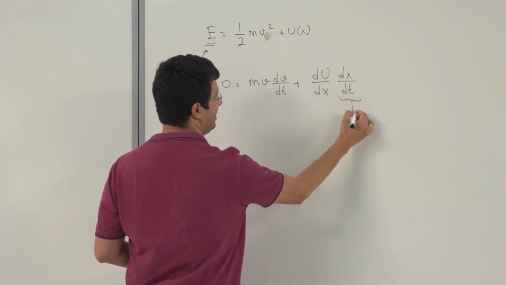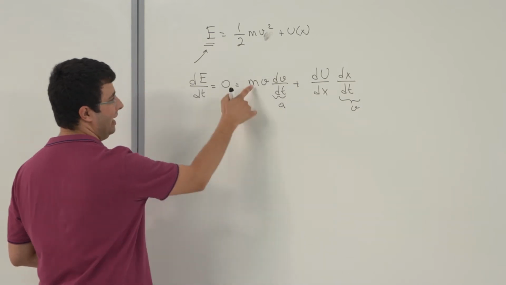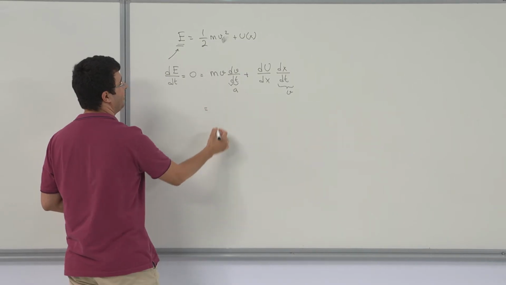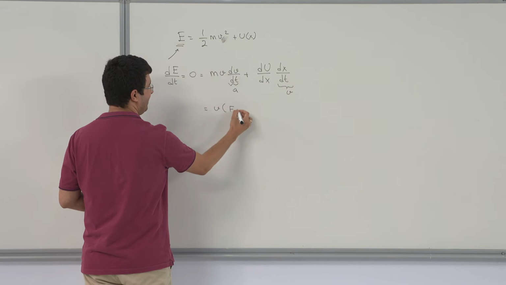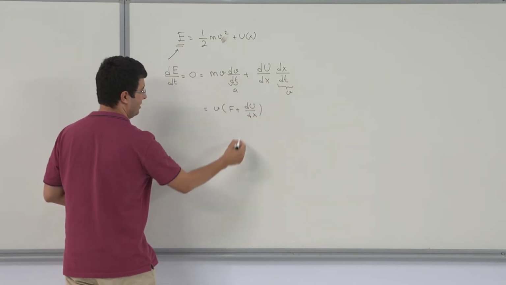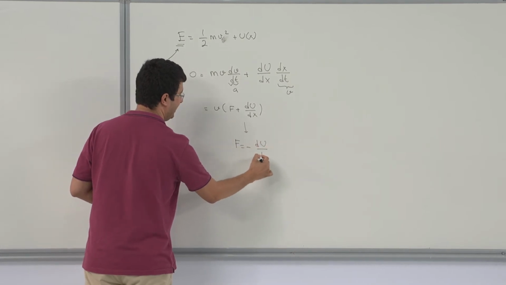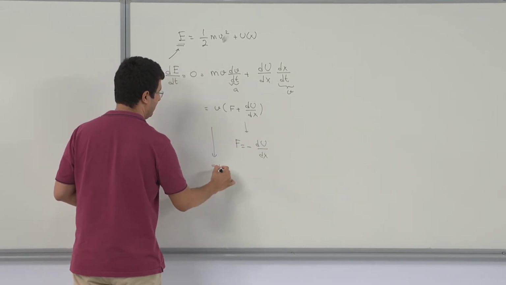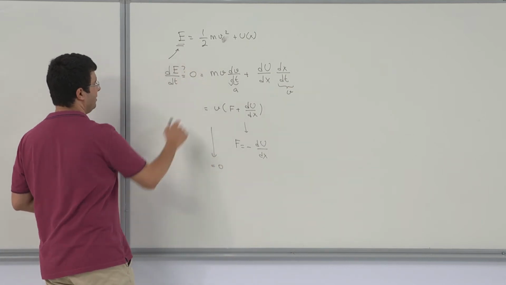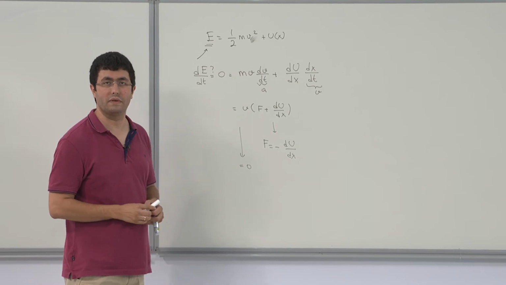Well, dx over dt is nothing but the velocity, and dv over dt is nothing but the acceleration, and m times a is nothing but the force, so I get F plus dU over dx. And as promised, if F is given by minus dU over dx, then, as claimed, dE over dt is zero. It is conserved. It doesn't change over time.